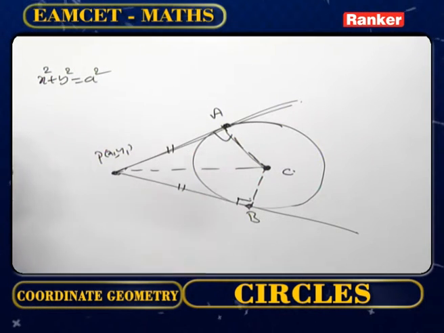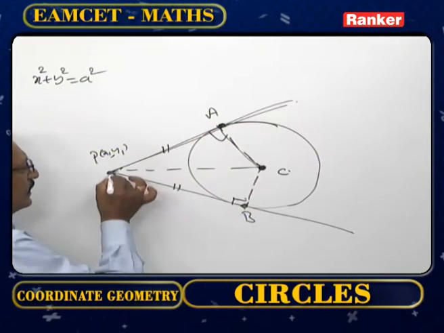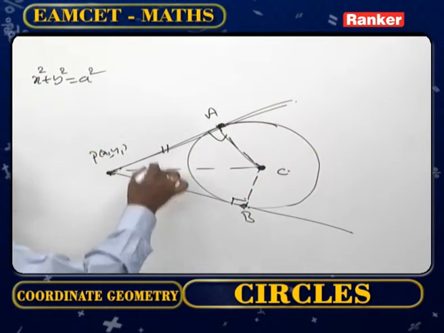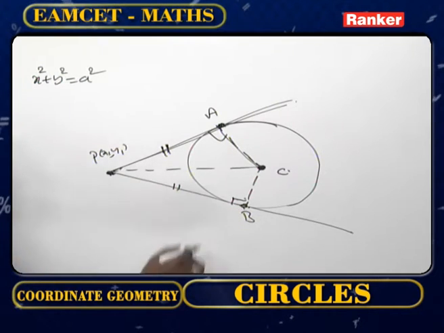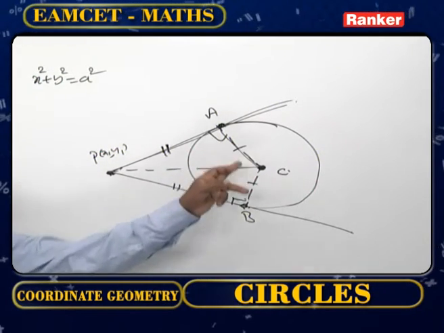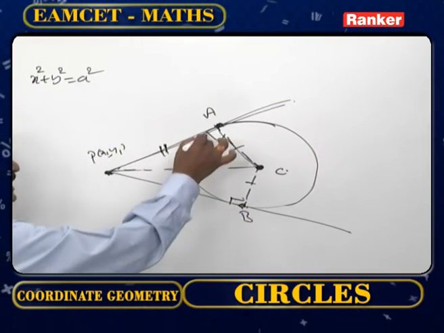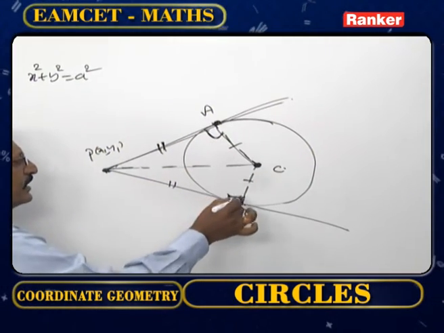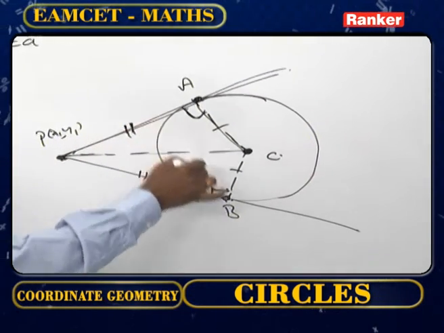Now in triangles PAC and PBC, PA equals PB, AC equals BC, the radius of the circle, PC is the common side for both triangles, and angle A equals angle B. Then the two triangles are congruent.